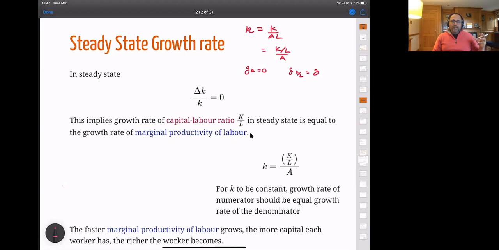what we are interested in terms of living standards. So what we're interested in terms of the production process is K over AL.